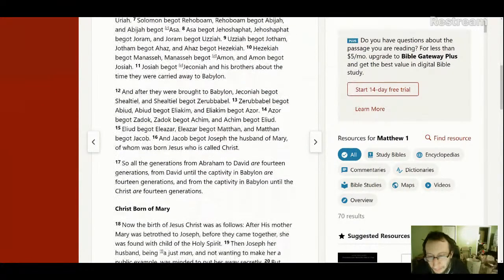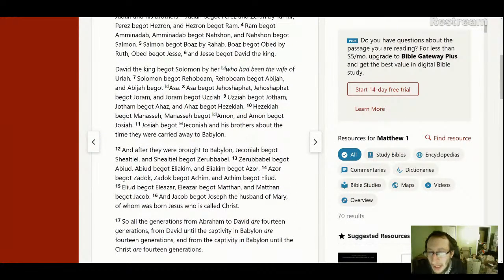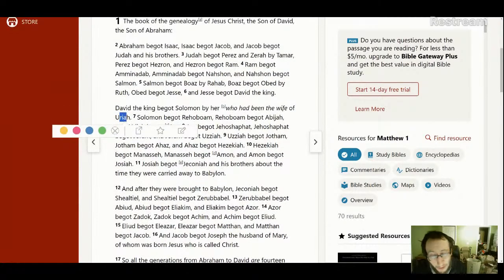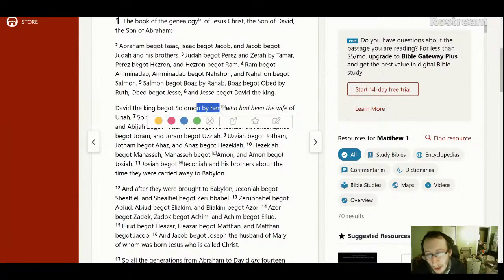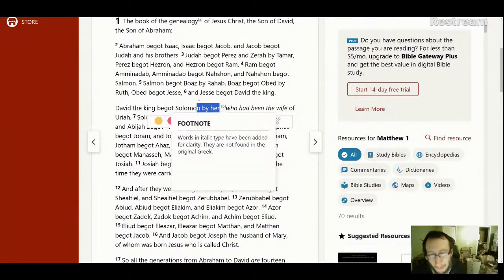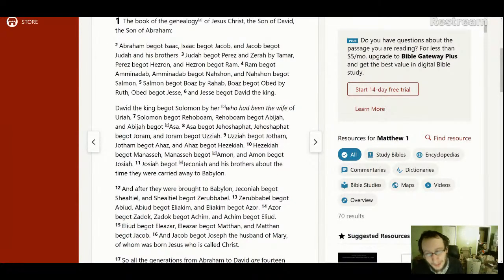So we have Joseph and his wife Mary, right? Then we have David and his wife Uriah. Not Bathsheba. Okay, I guess the text says by her who was of Uriah. But my bad for saying David's wife was Uriah.